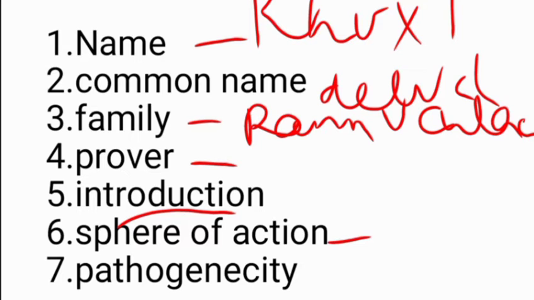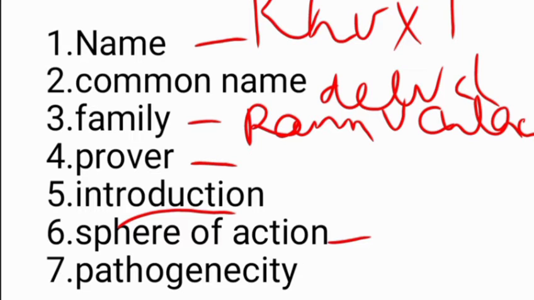Aconitum napellus is mainly used in sudden, violent, superficial conditions. In that case, we use Aconitum napellus. This is also mentioned in Allen's, which is published in a systematic manner.